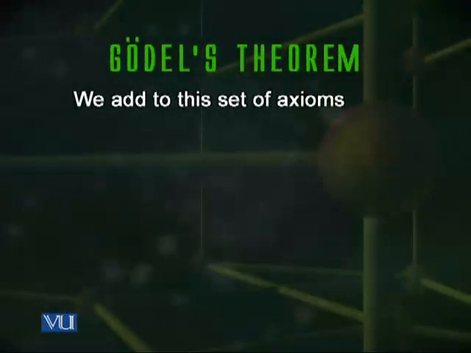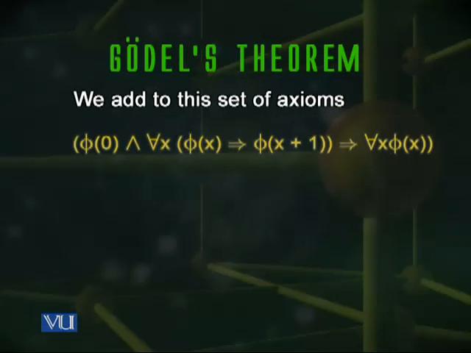These axioms are not enough to define all the properties of numbers. We need one more axiom. Let's look at this very, very special axiom. We have to add to this set of axioms this axiom which says: phi of 0 and for all x, phi of x implies phi of x plus 1 implies that for all x, phi of x.